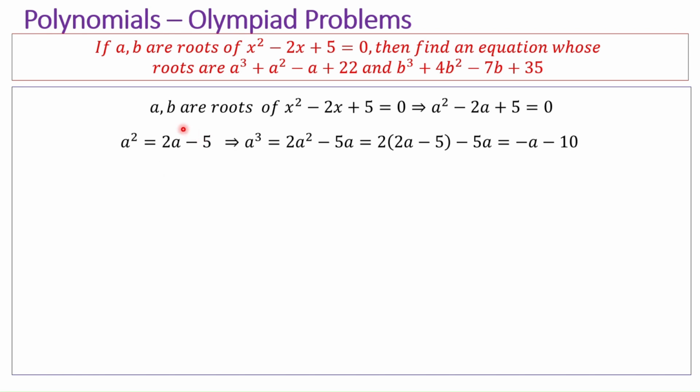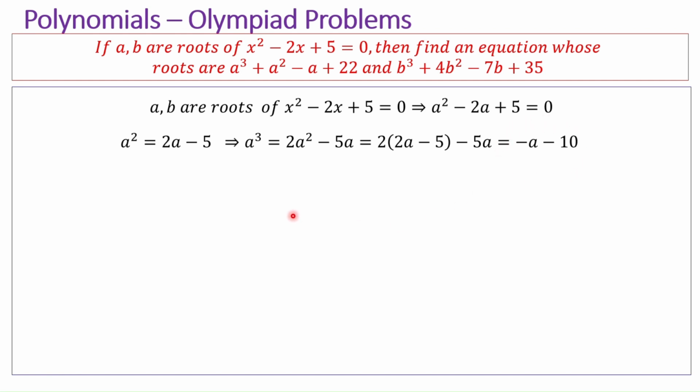Similarly, if I multiply both sides by a, a cube equal to 2a square minus 5a, and a square is equal to 2a minus 5. I replace this in this, and what I get is a cube equal to minus a minus 10, which means a cube I am able to write in terms of a. This way any power of a I can write in terms of a.